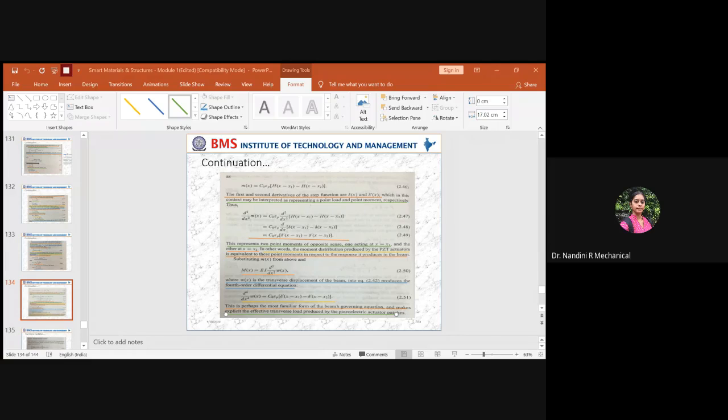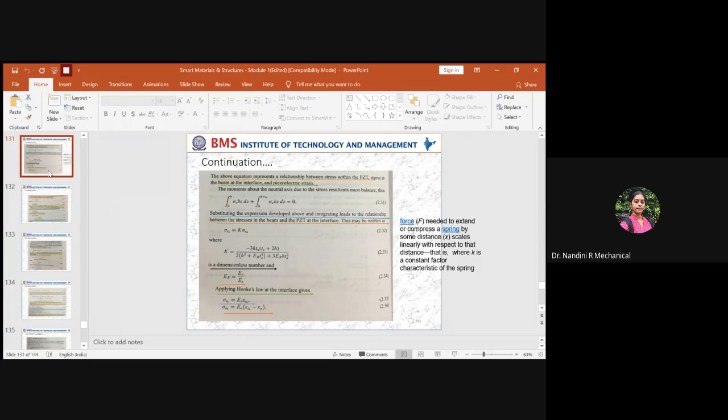In today's morning session, we had just started out to get the Euler-Bernoulli equation for the stress strain distribution, and also how it is affected when free strain comes into the picture. We derived a few equations and were halfway to the final equation.